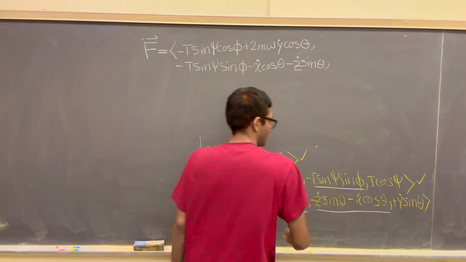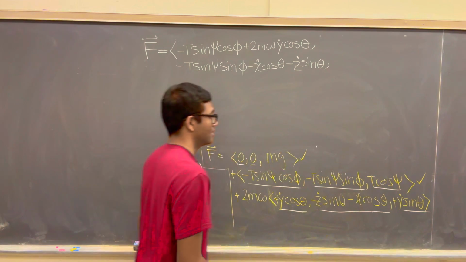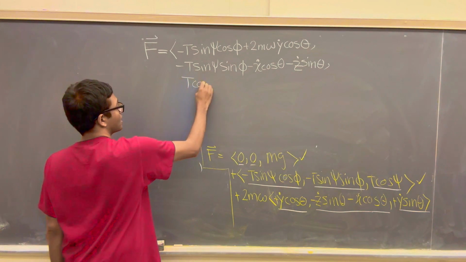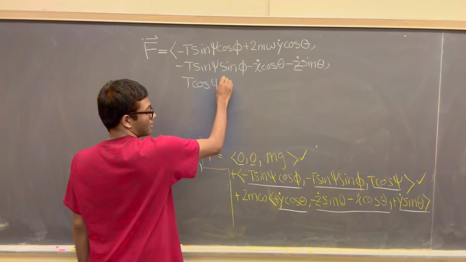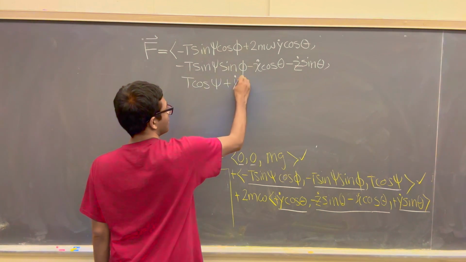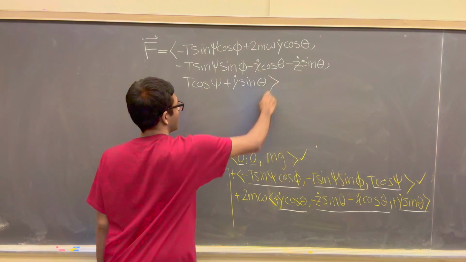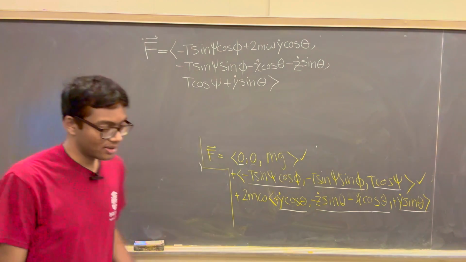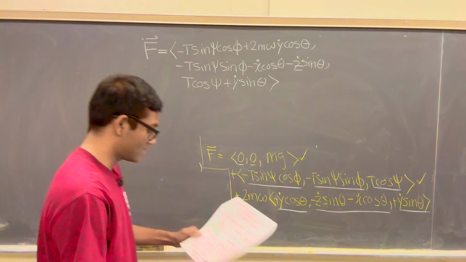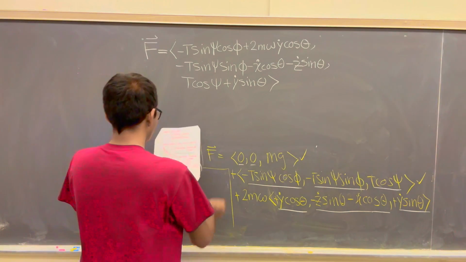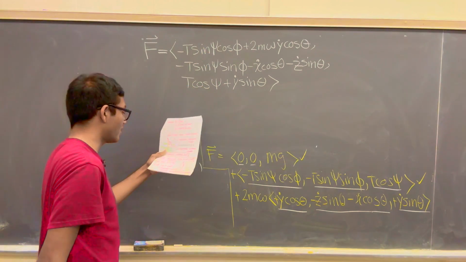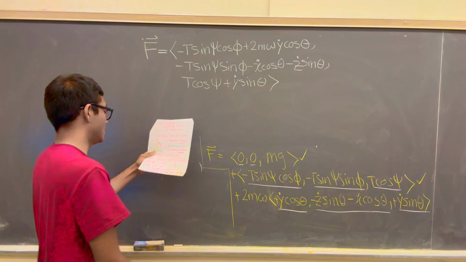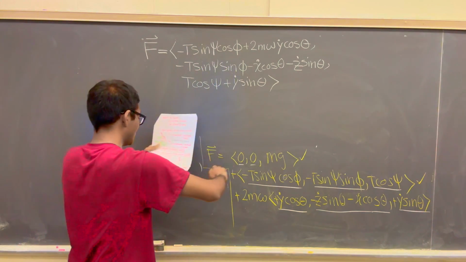And finally, I've got T cosine psi plus y sine theta. Okay, very good. That should be my total force. Let me make sure I've got it down. So minus T sine psi cosine phi plus 2m omega y dot cosine theta. Same thing here, but with sine phi.